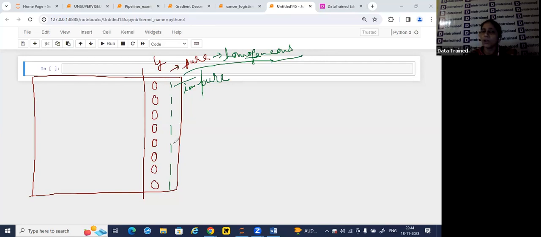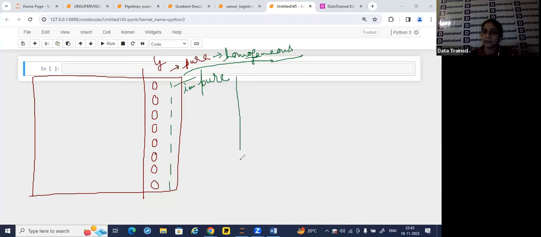Here also I have homogeneous values, pure values. Got the point? But I need an impure data set.